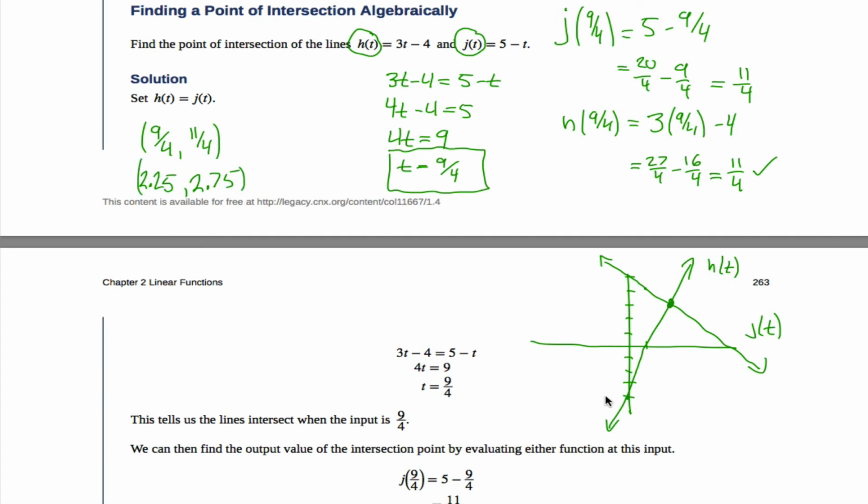Could you imagine a world in which this point right here had an x coordinate slightly more than 2 and a y coordinate slightly less than 3? Yeah, it looks reasonable. Right? It's certainly possible. If I got some negatives over here, or if this intersected over in this quadrant or something, I might question my answer. But it looks reasonable. You can graph this for a reasonableness check. I don't know that you had to do that, so I'll stop here.